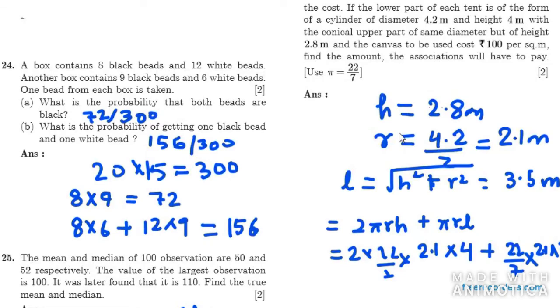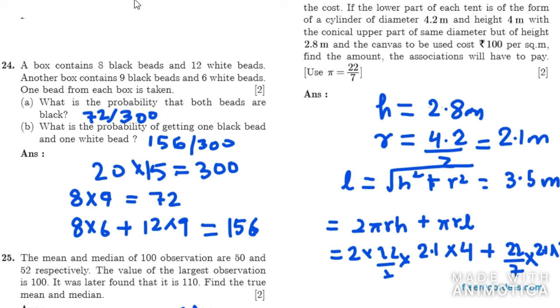So when we put the values for 2 pi r h and pi r l, we get the total area as 75.9.